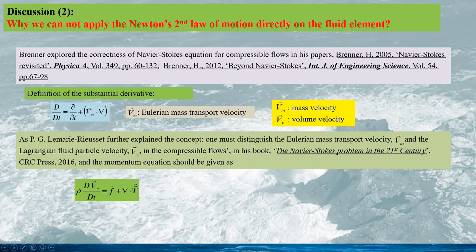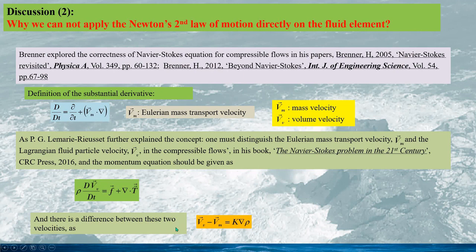Here, we can see the fluid volume velocity vector Vv is used as the representation of the fluid velocity. But in the substantial derivative, the velocity here is different. It is the mass velocity. And a formula gives the difference between these two velocities as this. Obviously, if the flow is incompressible, these two velocities would be the same, but they are different in compressible flows.